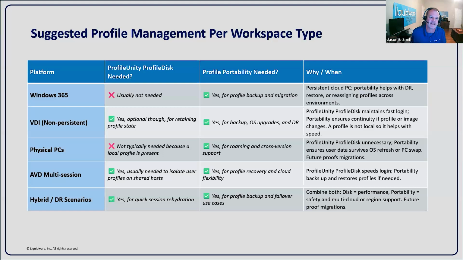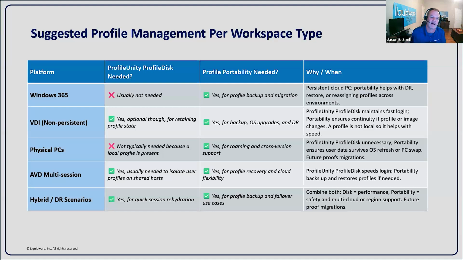So physical PCs, not typically needed because, again, a local profile is sitting there and if you have the ability to append to it with the Delta differential with our portability, it gives you that cross OS functionality again. AVD multi-session, we can also say Citrix multi-session in there as well and things that are similar to that.